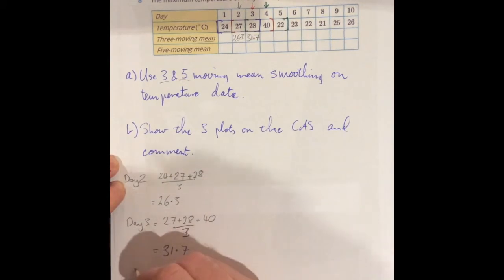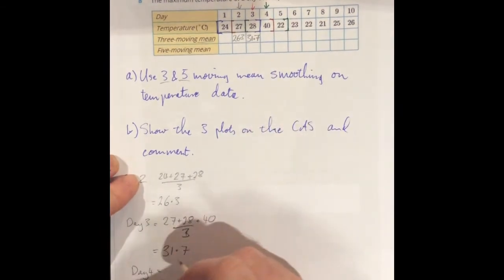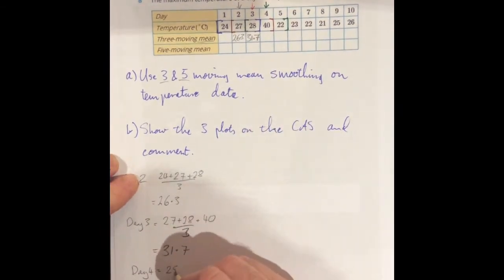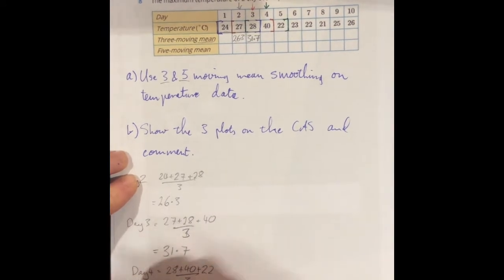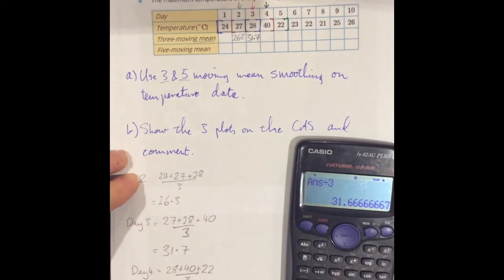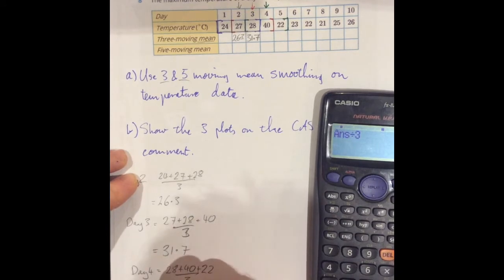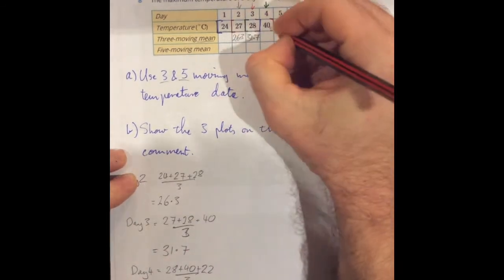So centered on day 4, we get 28 plus 40 plus 22. Divide that by 3. And we get exactly 30 for day 4's.